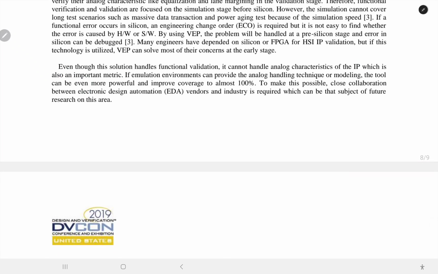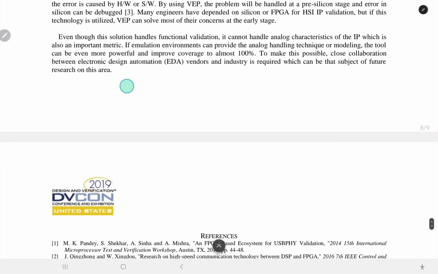If the emulation environment can provide an analog handling technique or modeling, the tools can be even more powerful. They could improve coverage to almost 100%. To make this possible, close collaboration between electronic design automation vendors, IP vendors, and industry is required, which can be the subject of future research in this area.